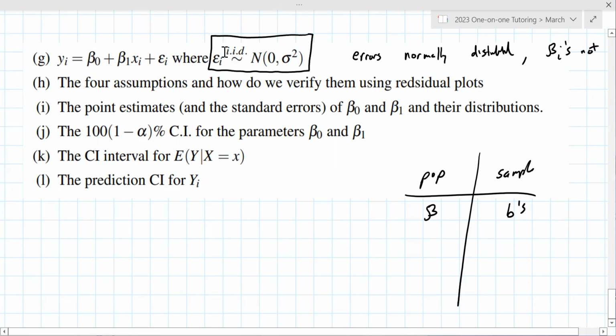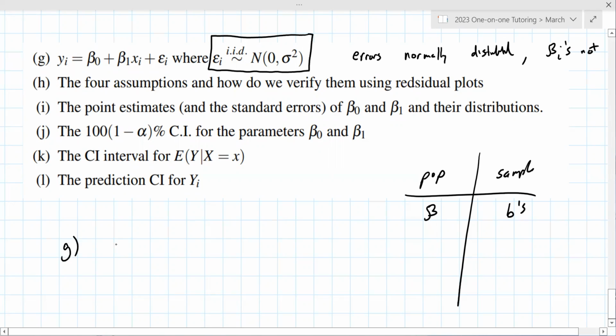Okay. So the error, which is the residuals, is normally distributed, but not the coefficients. Got it. And what is this equation for? Is it for a regression line? Yes, it's for a regression line.